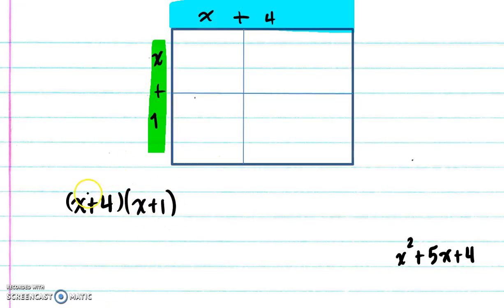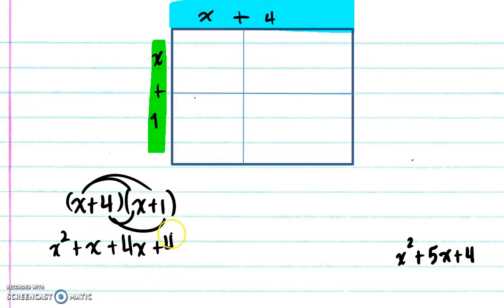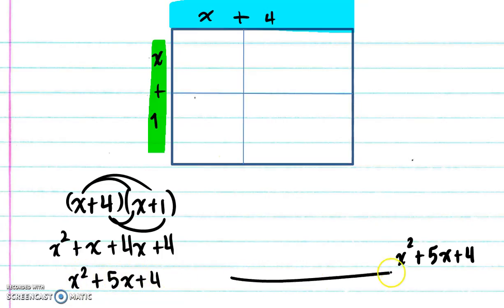Remember, multiplying that, you distribute. x times x is x squared, x times 1 is x, 4 times x is 4x, 4 times 1 is 4. And you can see if I combine those middle terms again, I have the exact same thing as right there.